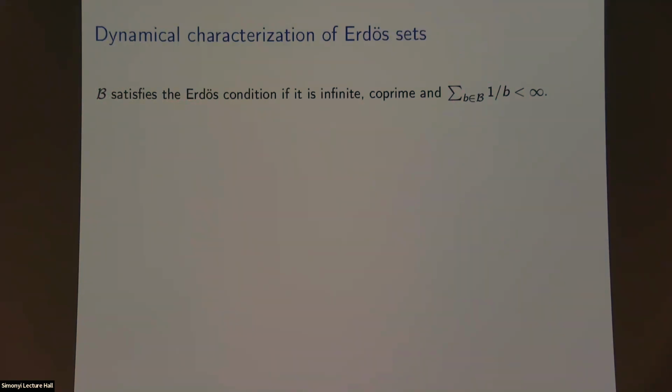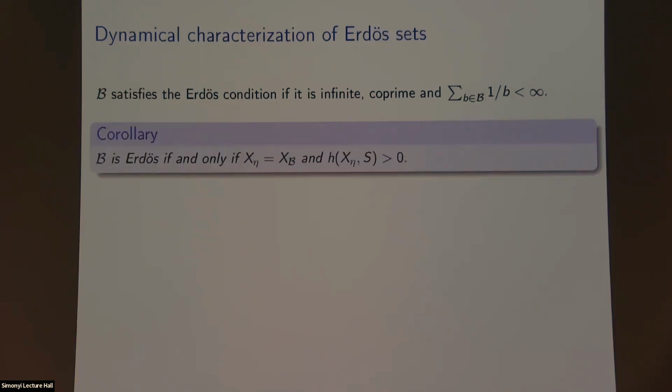We have seen these conditions before when I was speaking about the proof of the equality X eta equals XB. And what we can prove, actually, we have given almost all arguments, is that B is Erdős if and only if the B-free subshift is equal to the B-admissible subshift and the topological entropy is positive.